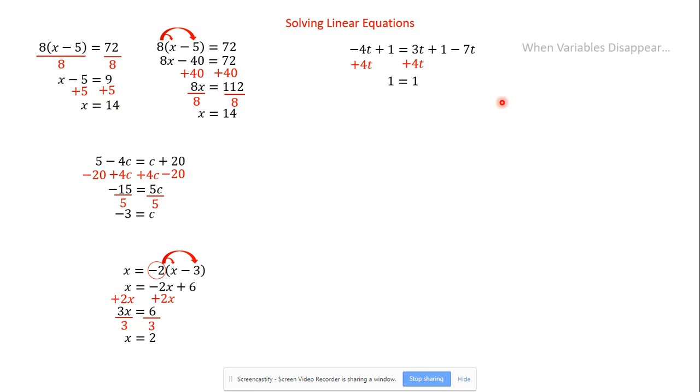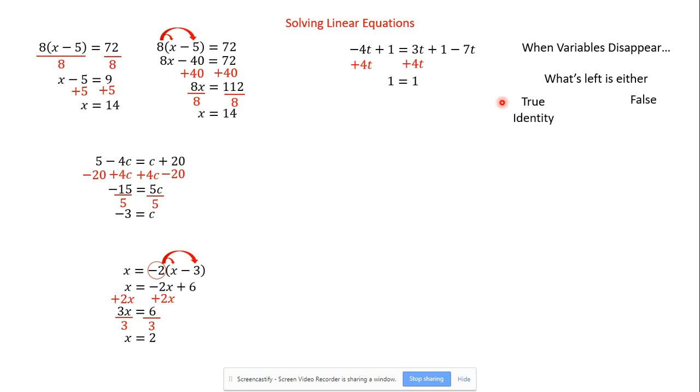Well, we have something that we can do when variables disappear. And the nice thing is it's always the same. Sometimes the notation changes just a little bit, but for the most part, it is the same idea. When variables disappear, which is a fantastic song name, by the way, it's one of the songs from my band. When variables disappear, one of 2 things can happen. What's left is either true or false.